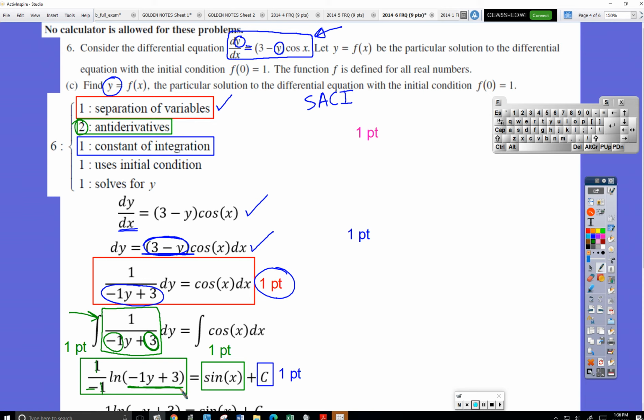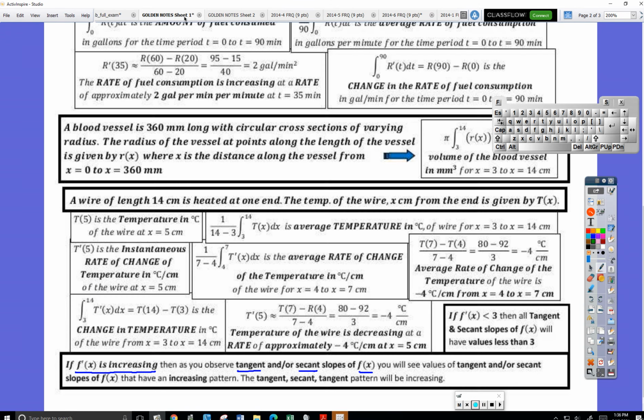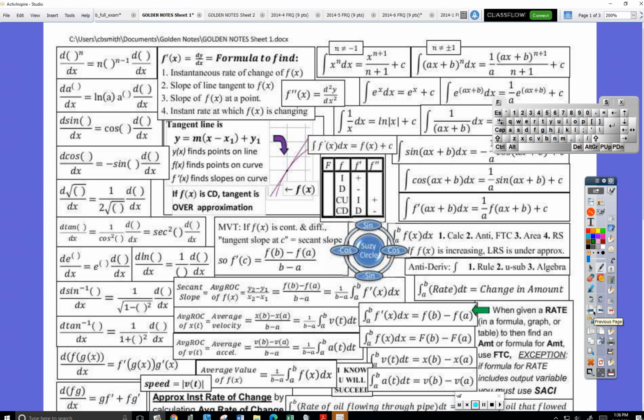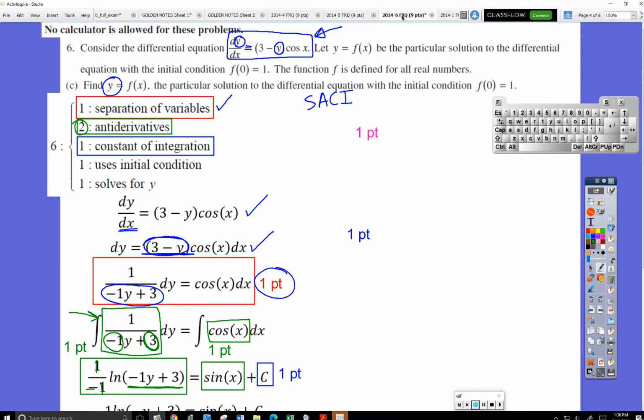On the other side, I'm taking the antiderivative of the cosine. So I remember my golden notes. I go right to Susie's circle, and I remember that the antiderivative of the cosine is the positive sine. Back to the problem. So the antiderivative of cosine is positive sine.